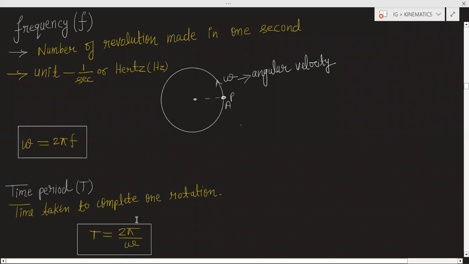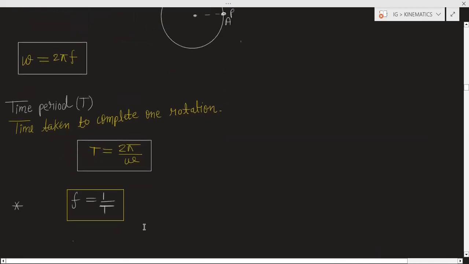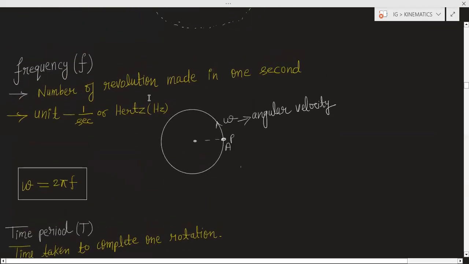Now there is a relation between time period and the angular velocity of the particle. Time period is equal to 2 pi divided by omega. And there is one more relation between the frequency and the time period. Small f is the frequency, capital T is the time period. Frequency is equal to 1 upon time period. We will use these relations.